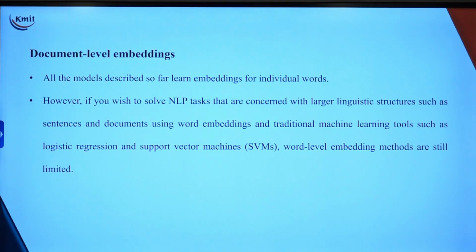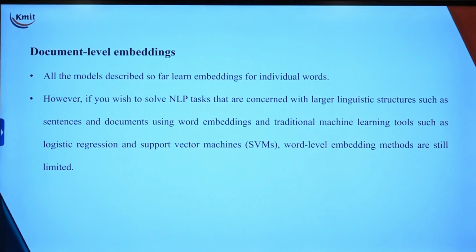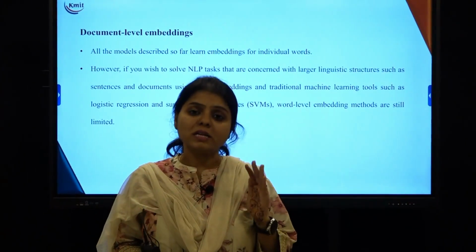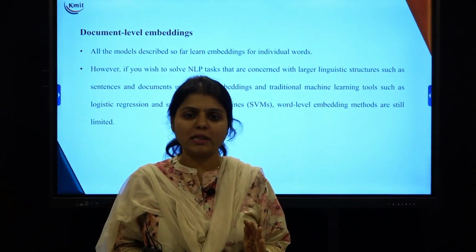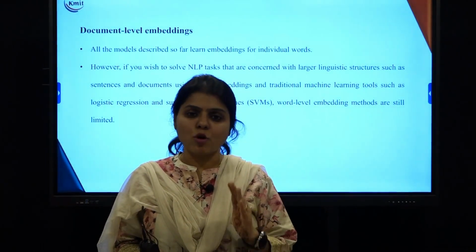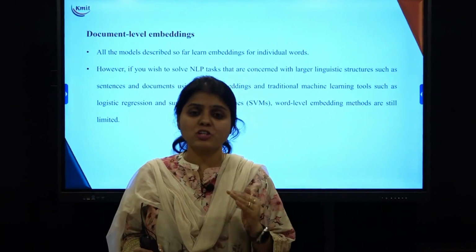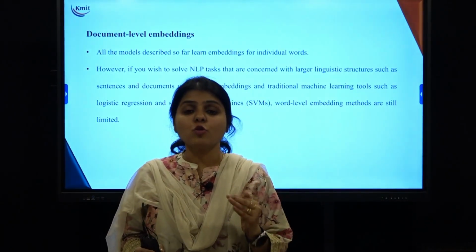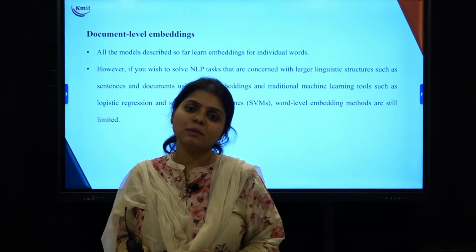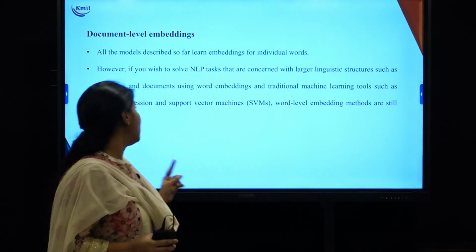Next we'll talk about document level embeddings. So far we have looked into word embeddings. We have seen what word embeddings are, what the need for word embeddings is, and also the GloVe, fastText, CBOW and skipgram models, which help us work with word embeddings. After word embeddings, the next level in NLP is document level embeddings.